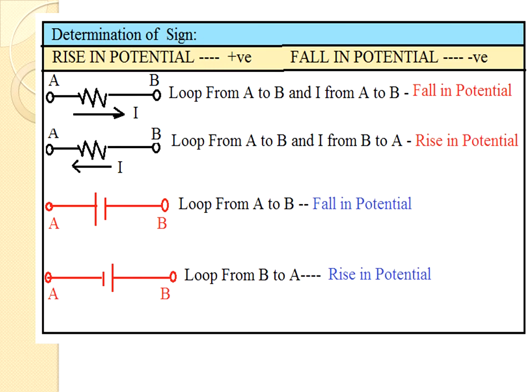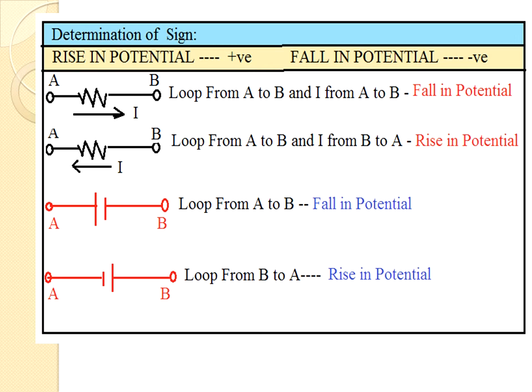Current flows from A to B, loop direction is also from A to B, then fall in potential. In the second condition, loop direction is A to B, but current flows in the opposite direction, from B to A. In such a situation, it is a rise in potential. It is treated as positive.